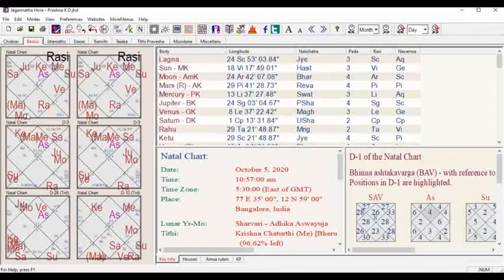What house will Saturn be? It will be the 8th house, because in Cancer ascendant, the Aquarius sign falls in the 8th house, right? And Saturn will be in the 8th house, where the Aquarius sign is.